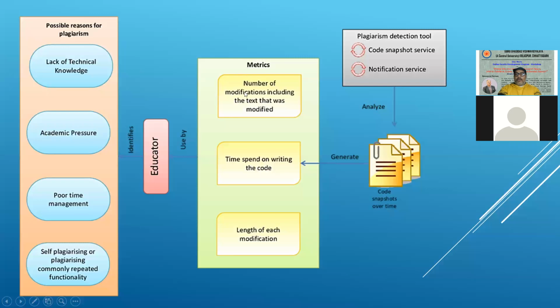So the metrics are the number of modifications including the text that was modified, time spent on writing the code, and length of each modification used by the educator, and the educator identifies the reasons for this. So this is also one of the cycles to understand the importance of a plagiarism detection tool, how it is analyzed, how the reports are generated, how it is used by people like you and me, and how the reasons are made for plagiarism in this way. Okay.